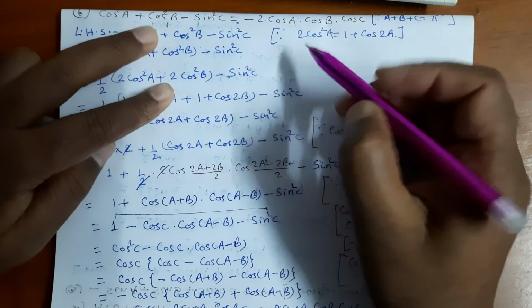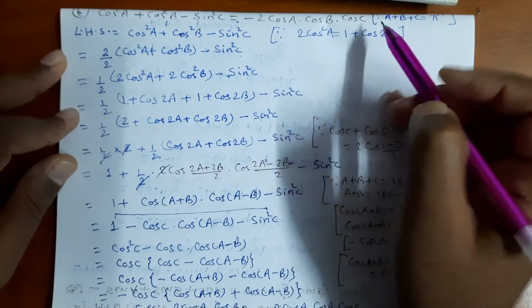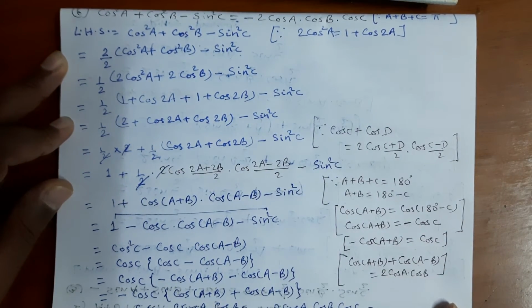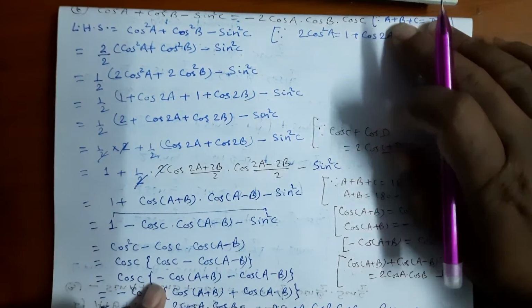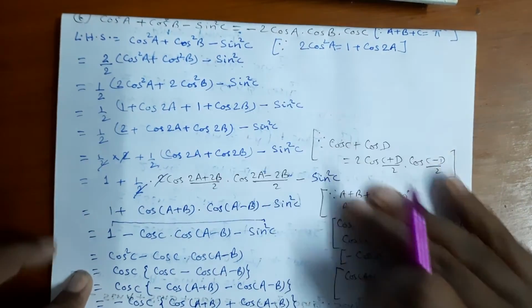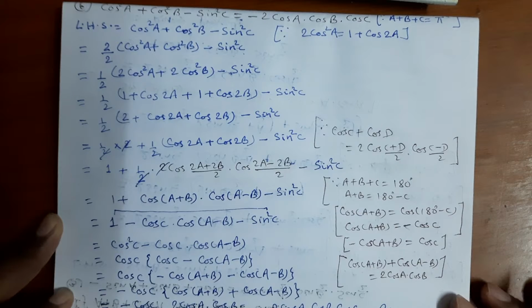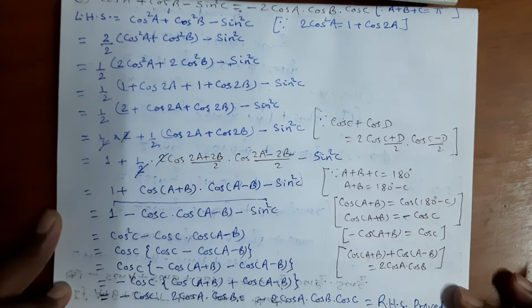Okay, here we have to prove 2 cos A cos B cos C. So this equals the right hand side. Proved. Okay, in this way, this problem of conditional trigonometrical identities can be proved.